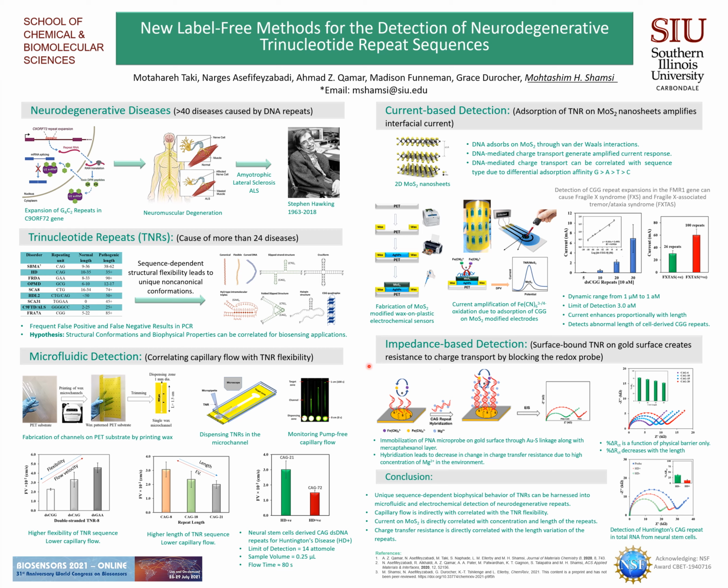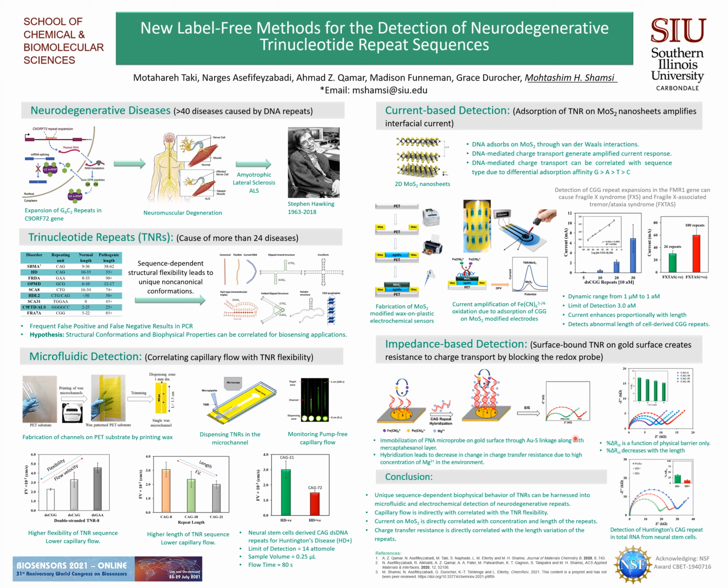Our third project here involves surface-bound PNA microprobes immobilized on a gold surface, which captures the CAG repeats that cause Huntington's disease, resulting in a change in the charge transfer resistance of the biosensing platform. The change in resistance is measured in the presence of high concentrations of the magnesium ion, Mg2+, using label-free electrochemical impedance spectroscopy technique.